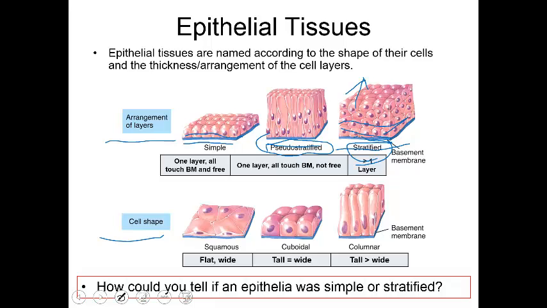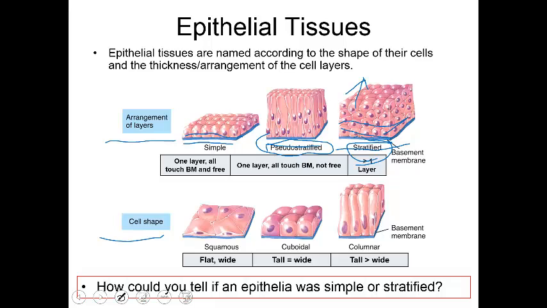If you look closely, you will notice that each cell in a pseudostratified epithelium will have a basal layer. However, each cell may not have an apical or a free surface. So we looked at simple, stratified and pseudostratified epithelium.